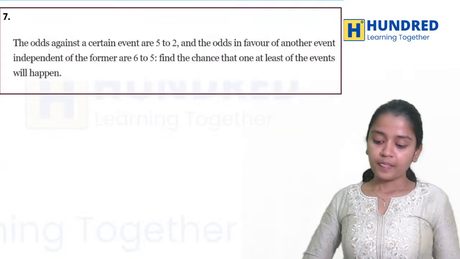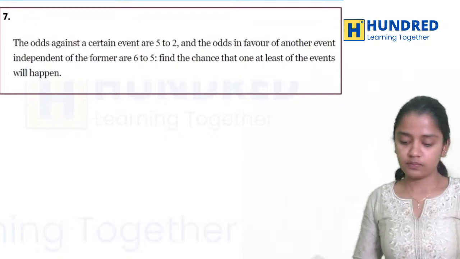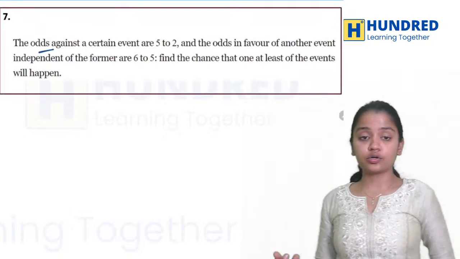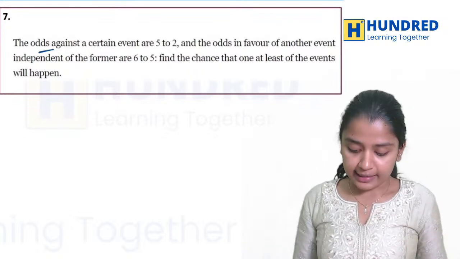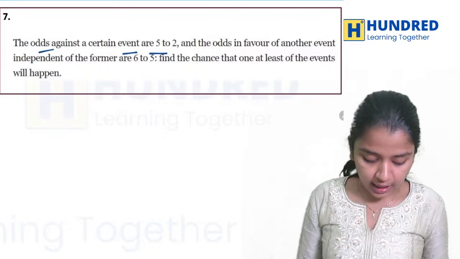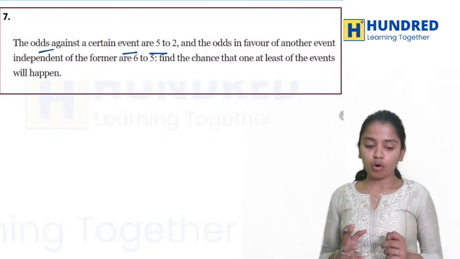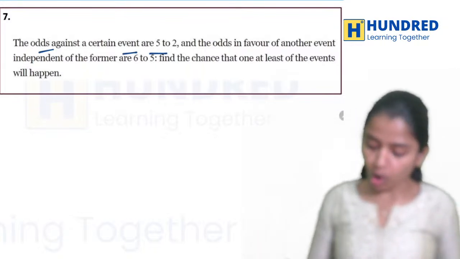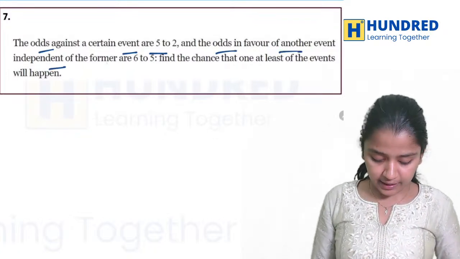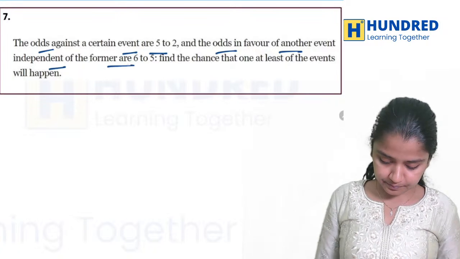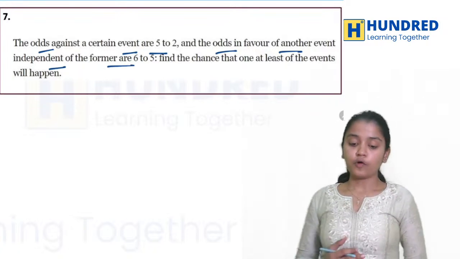So now, let's go to the next sum. Next sum, if you see, odds against a certain event are 5 to 2, and odds in favor of another event independent of the former event.